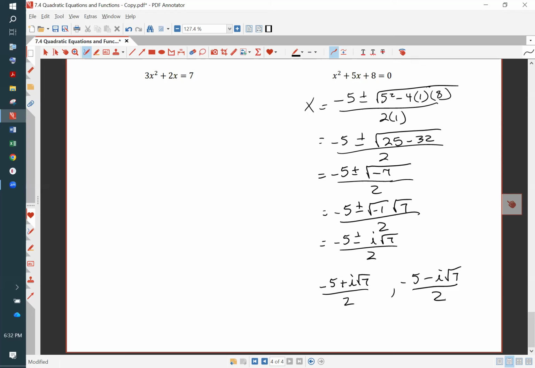All right, then y'all need to start working on the other one and tell me what your answers are. Is it -1 plus or minus square root of 22 over 3? That's what I got too. Same. Yes, it is. Minus 1 plus square root of 22 over 6.